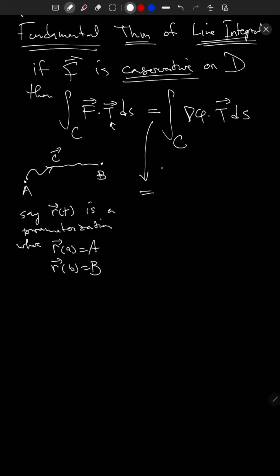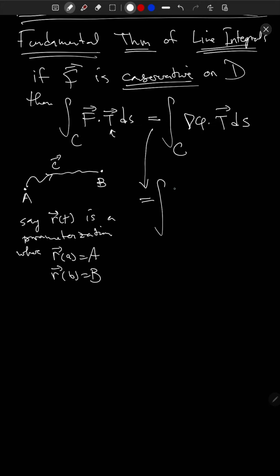This is equal to the integral of the gradient of phi, and just to emphasize, we're converting to calculation of a line integral, so this is gradient phi of x of t, y of t, z of t, dotted with r prime of t dt, and this is from a to b.